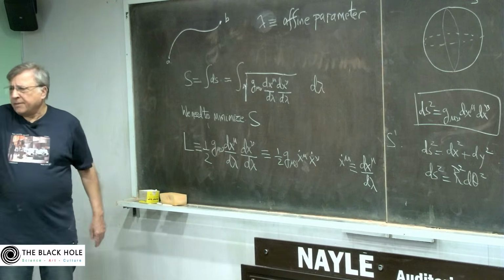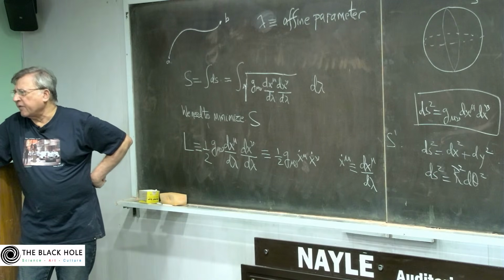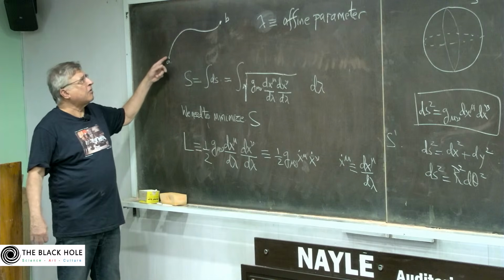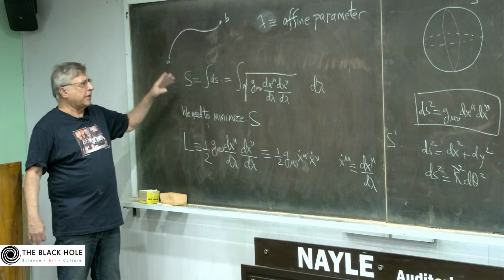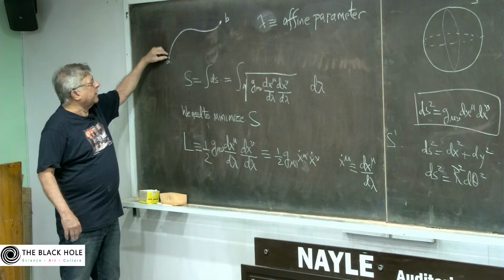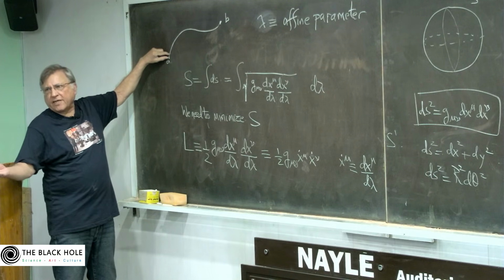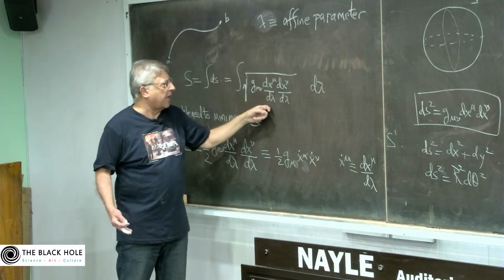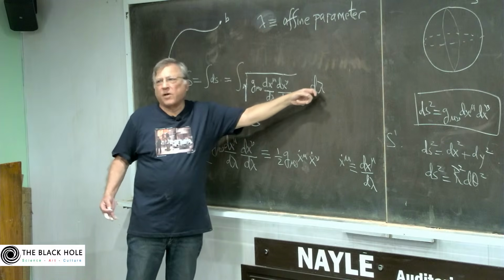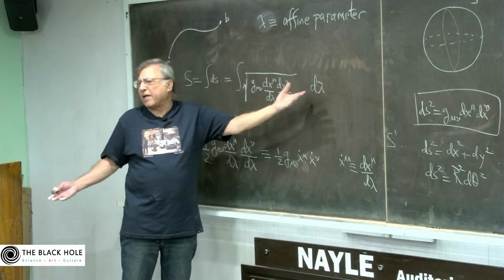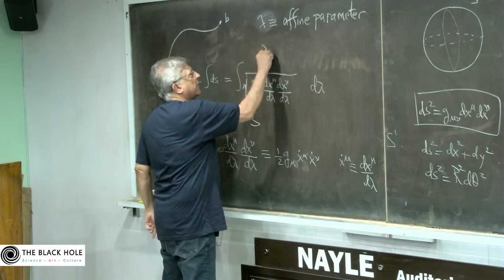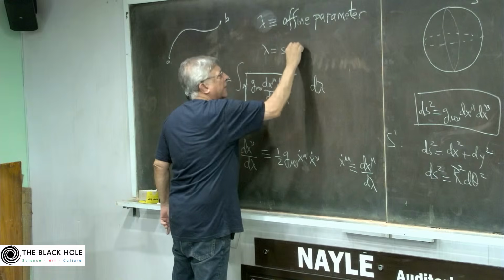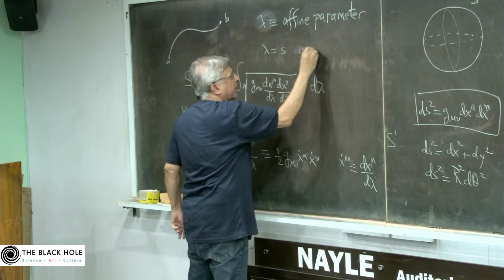By the way, I can choose my lambda in a different way also. I could take it as the length along the path. Since I can use any parameter lambda, and the lambdas I divided and multiplied by the same number, can I not take lambda equals s? It is a possible choice as well.